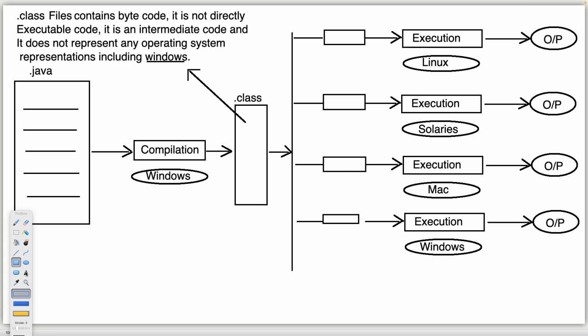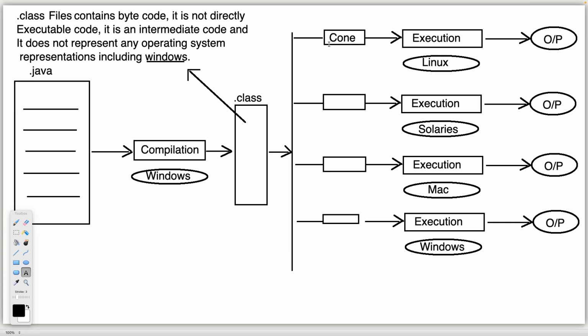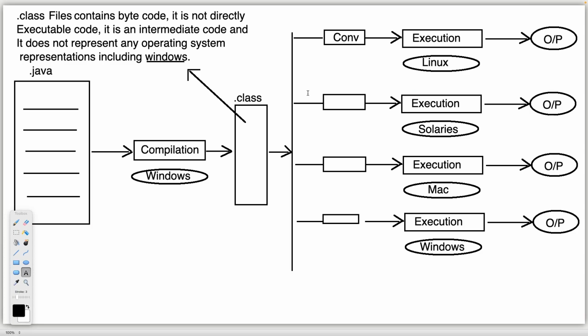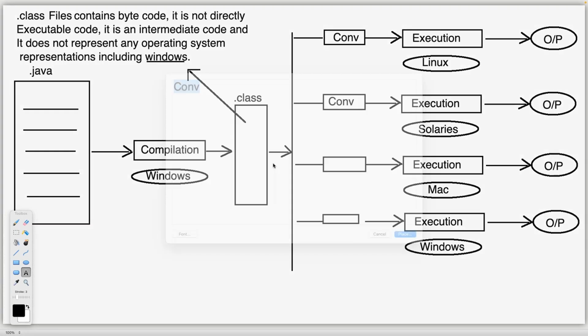These converters are provided by Java. Now I want to write them in a short form. Try to understand it clearly. Converters are translators. This is one converter, this is another converter, here we have another converter, and like this here we have another converter.